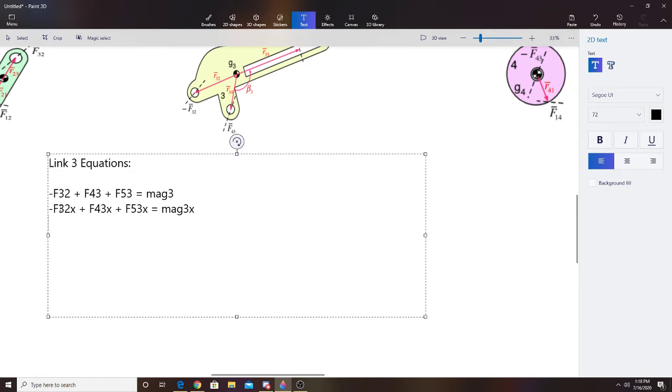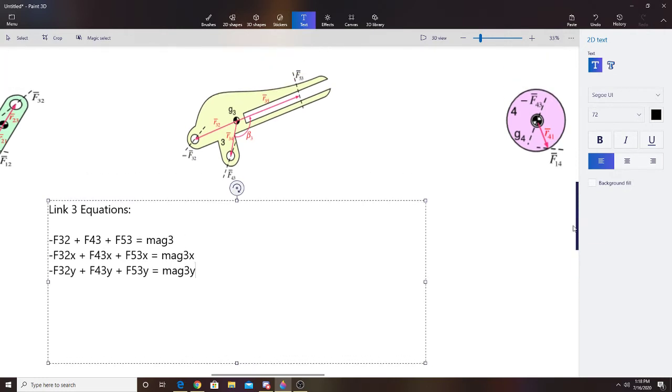And then we have minus F32y plus F43y plus F53y is equal to m a3y. So same thing as usual, right? There's no tricks to this one. There was nothing on here that got rid of an equation.